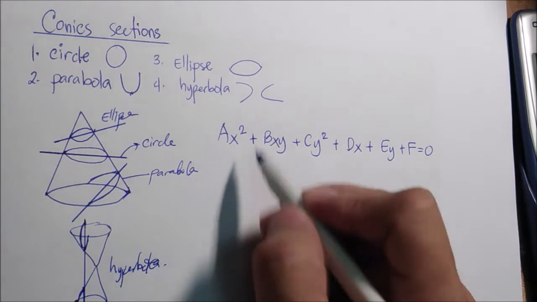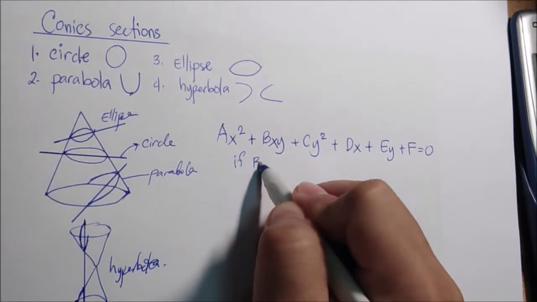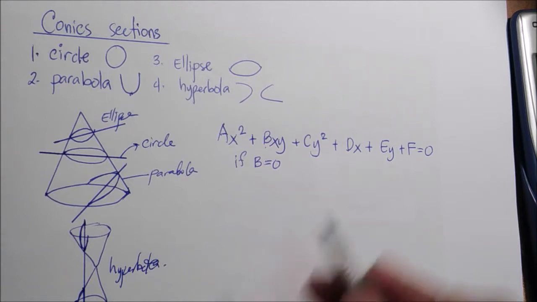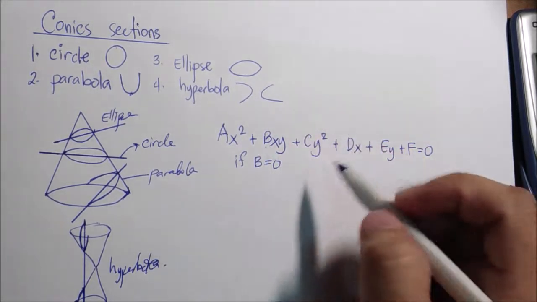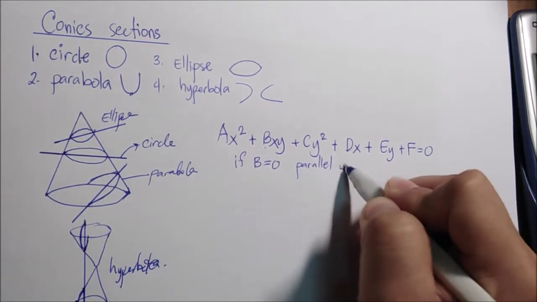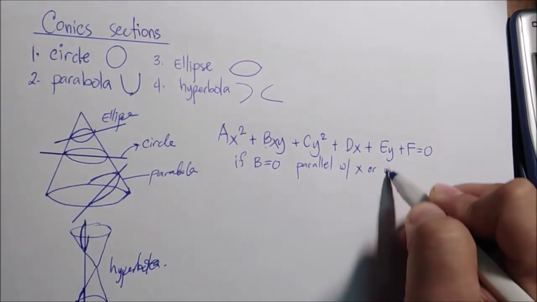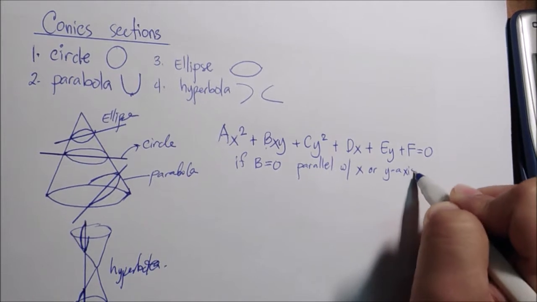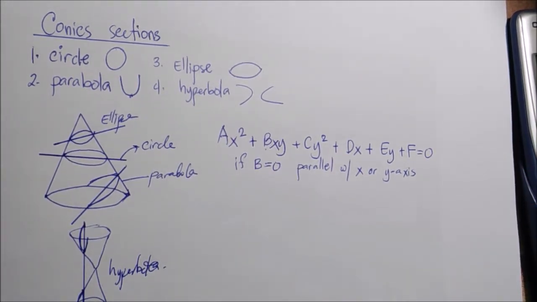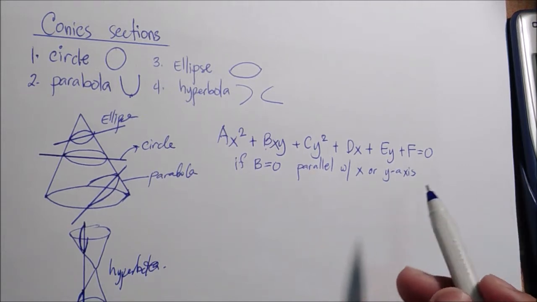If b is equal to 0, this means that the conic section is parallel with the x or y axis.